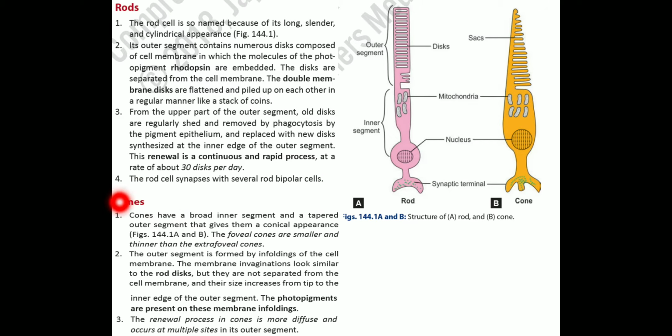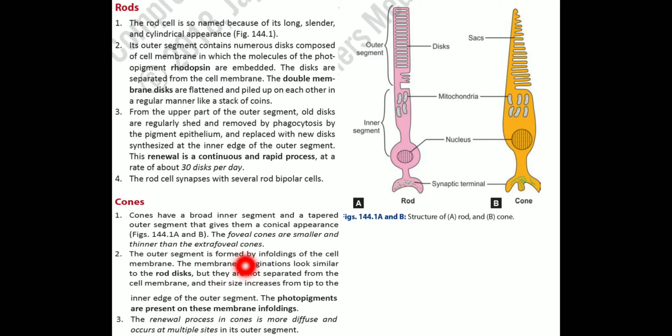Then come the cone cells. These cones have a broad inner segment and a tapered outer segment, and this gives them a conical appearance. The foveal cones are smaller and thinner than the extrafoveal cones.